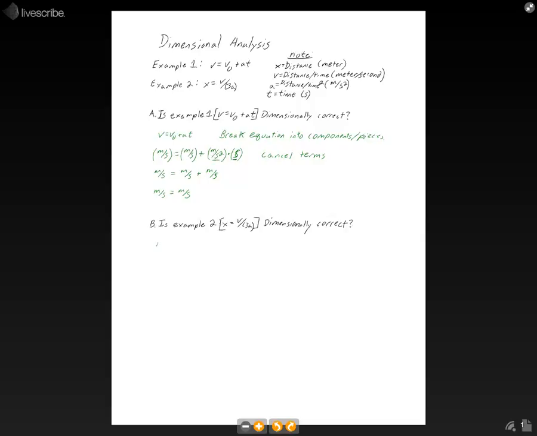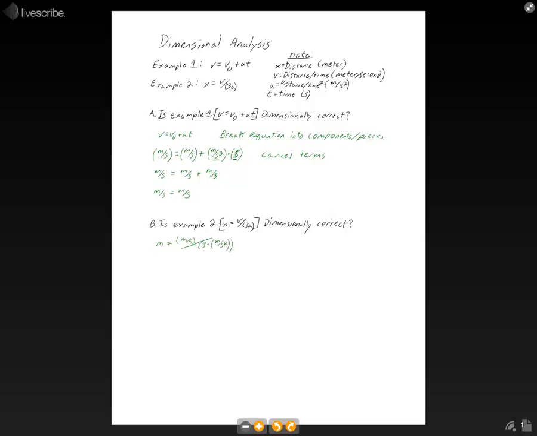X is given in meters is equal to velocity in meters per second divided by, open parenthesis, 3 multiplied by meters per second squared, and then close your parentheses.